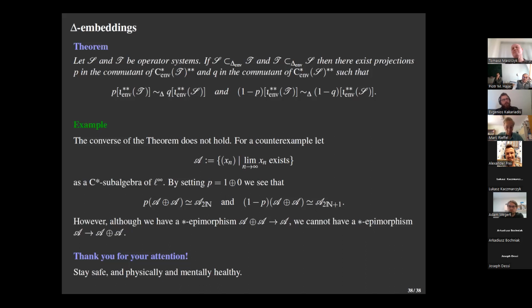So maybe one could generalize Adam's question: what if you think about functors from the category of operator systems into some much simpler category, maybe not numerical, but like abelian groups, as for K-theory or cyclic homology. Then you can say, aha, these functors are preserved by my Morita equivalence.